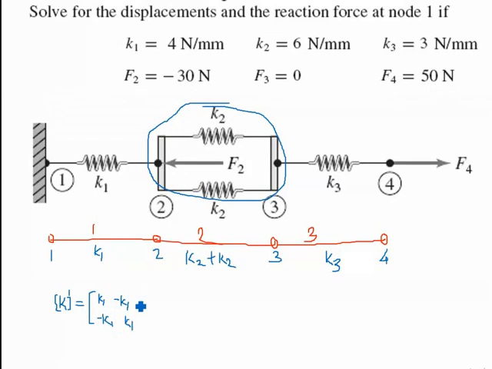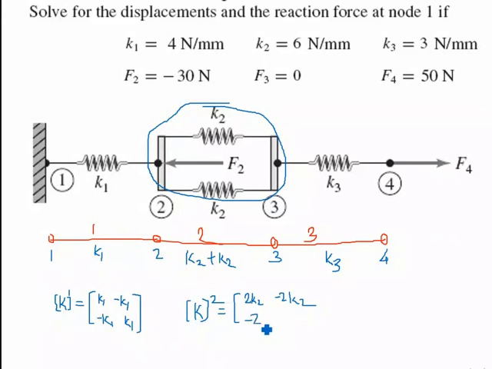Now Rishikesh Kumbar, what is the stiffness matrix for the second element? 2K2, minus 2K2, minus 2K2 and 2K2.